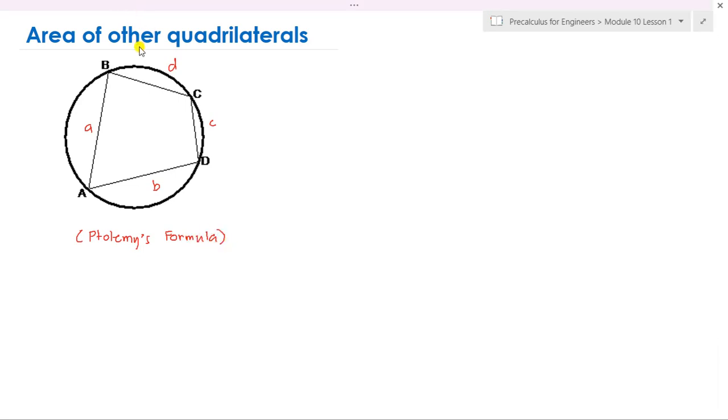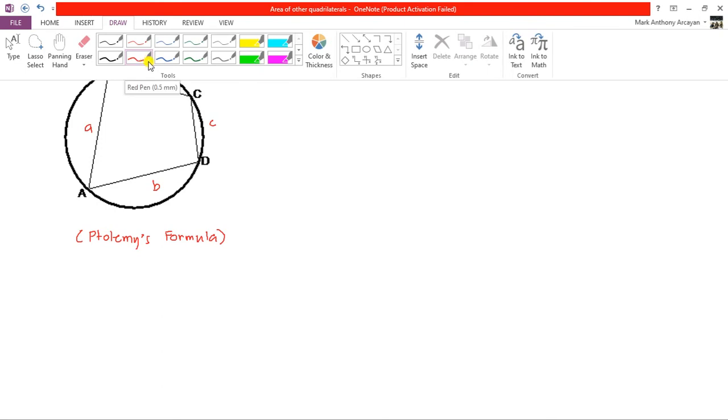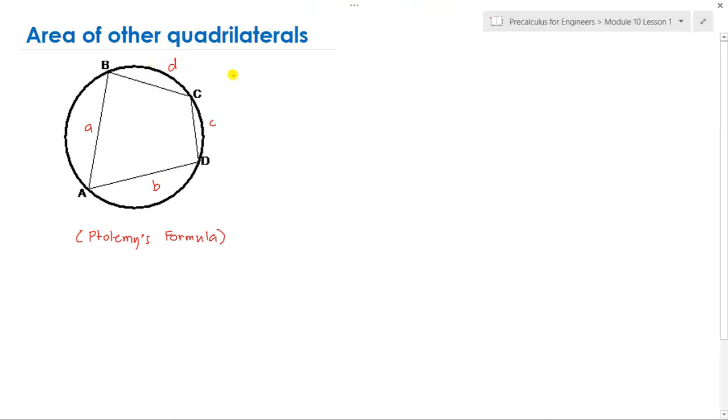So, according to him, class, this is also called a cyclic quadrilateral. Why cyclic quadrilateral? Because the quadrilateral is inside the circle. So cyclic quadrilateral is the other term for this.